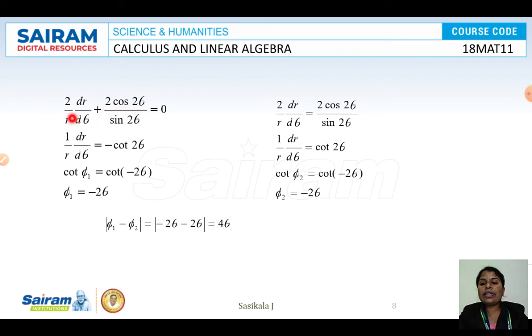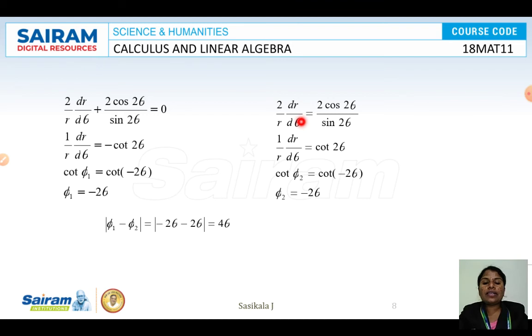The 2 will get cancelled. Taking 1 by r dr by d theta to the left side and the other term to the right side, it will become minus. Cos by sine will be cot. So cot phi 1 is equal to minus cot 2 theta, which is cot of minus 2 theta. So phi 1 will be minus 2 theta.